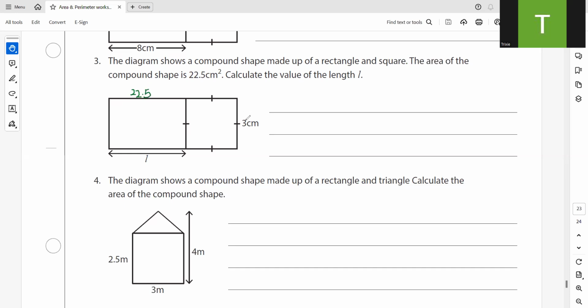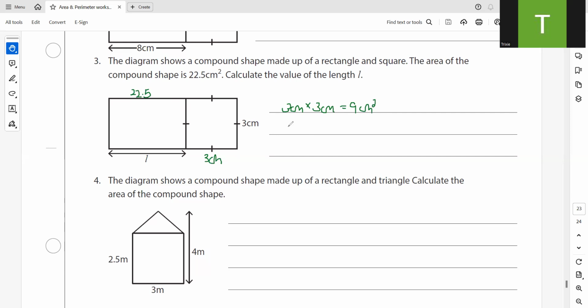As the height is given and it's a square, here is also 3. We'll do the opposite of when we find the area. Firstly we need to find the square. The height is 3 cm and the base is also 3 cm, so it's 3 times 3, you get 9 cm squared.